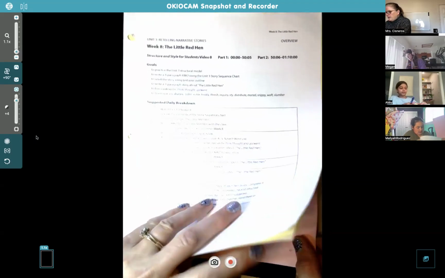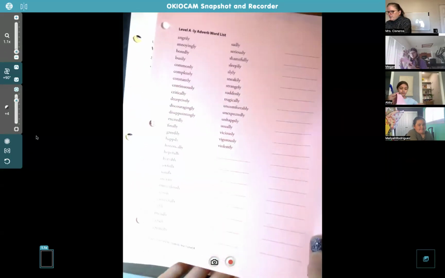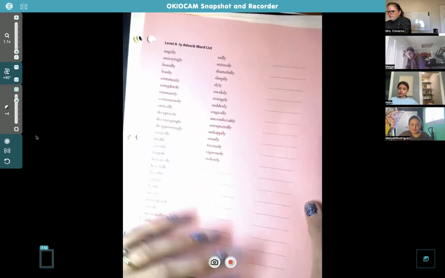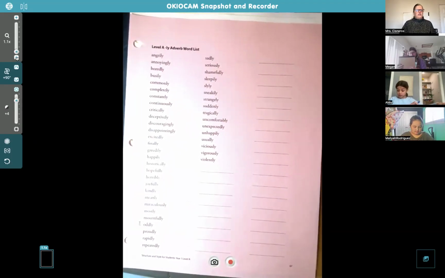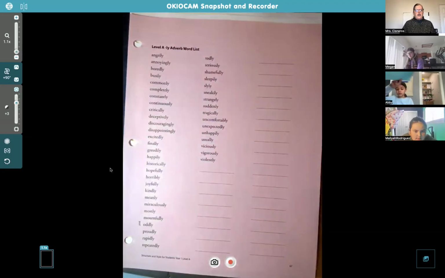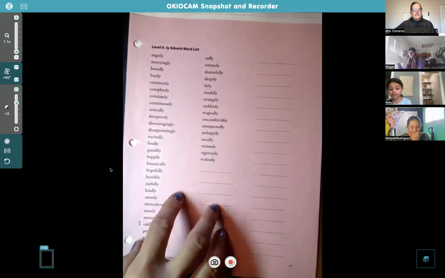This is going to be a nice, handy list for you. Pink page is next. This page has ly adverbs on it, which is so nice to have in a list. So when you're writing and you need to include an ly adverb because it's on your checklist, it's one of your dress ups, you can use this list to help you.